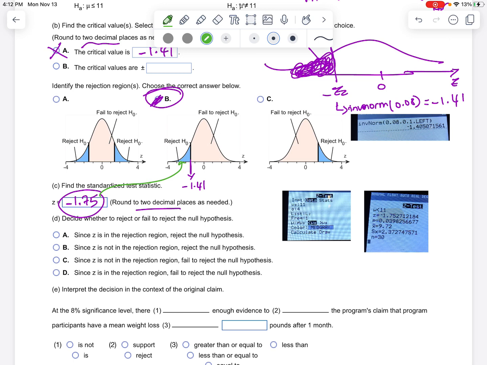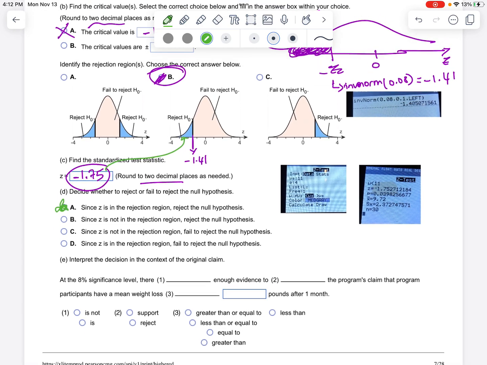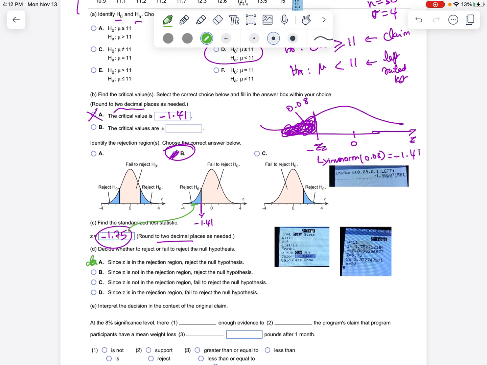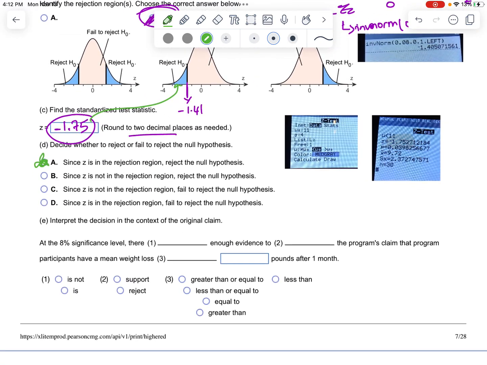So since that Z is in the rejection region, you're going to reject the null. Yeah? So we pick A. All right? So you're rejecting the null. And remember, the claim is in the null, so you're rejecting the claim, really.